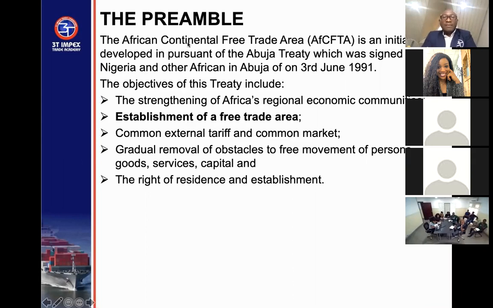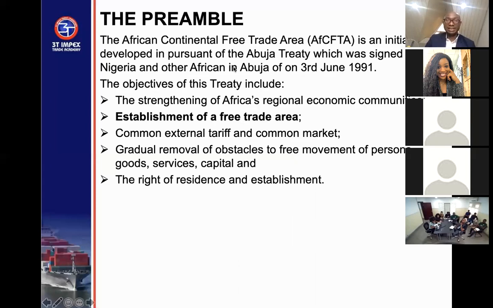The objective is to establish a free trade area, among other things, and also to have a common national tariff, to gradually remove obstacles to free movement of persons, goods and services, and capital. And of course, also having the right of residence and establishment on the African continent.